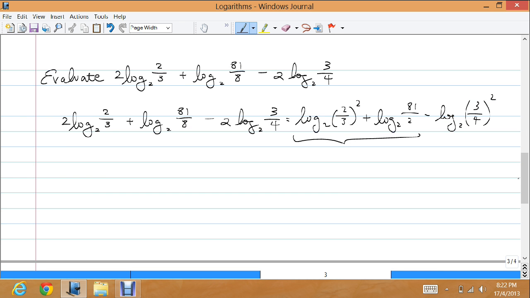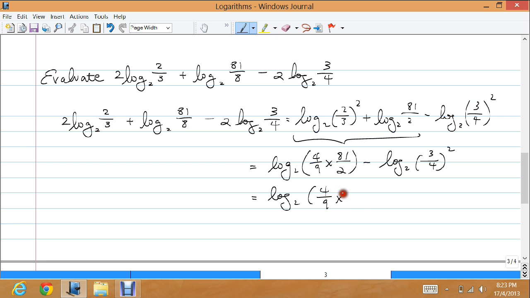So for this case, I will get log base 2 of 4 over 9 times 81 over 2, minus log base 2 of 3 over 4 squared. And of course I can do the difference as well.